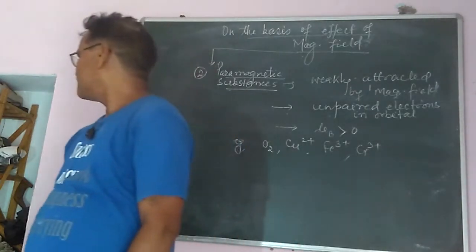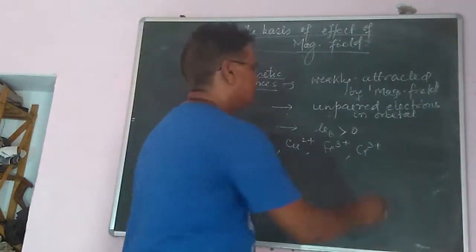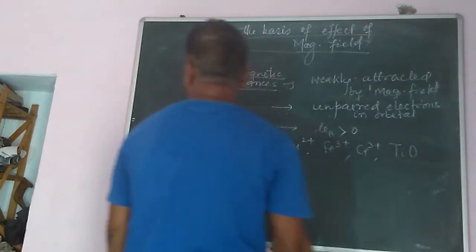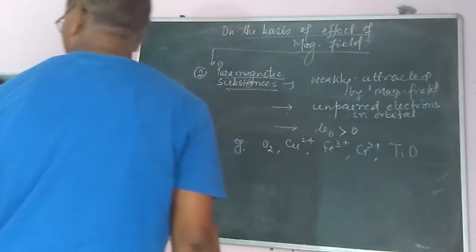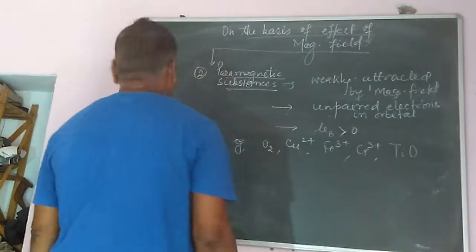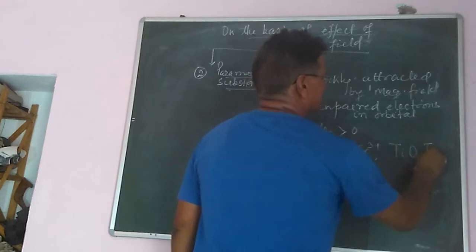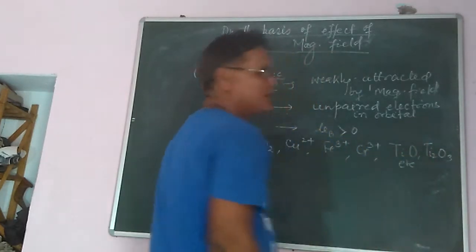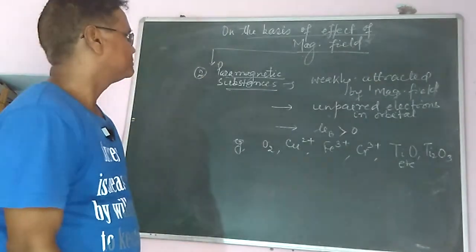Along with this, titanium oxide is also paramagnetic, and also we can say Ti2O3, etc. These are paramagnetic substances.